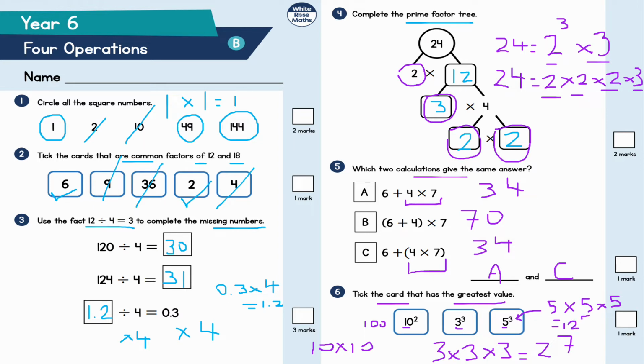If you're not sure, I don't mind you doing a long multiplication to the side or on your blank bit of paper at any stage. That's also fine, or any bus stop method when we're doing division. I always encourage all of my students to show full workings where possible. Anyway, back to this question. Tick the answer that has the greatest value. So it's 5 to the power of 3.